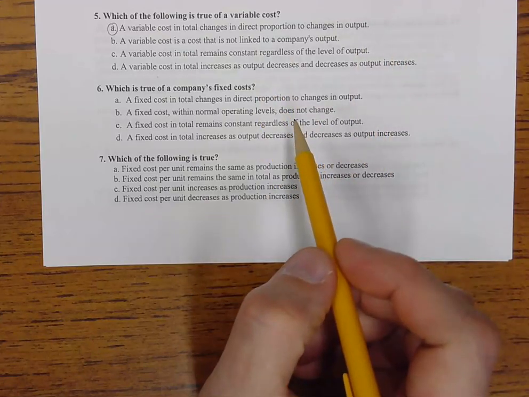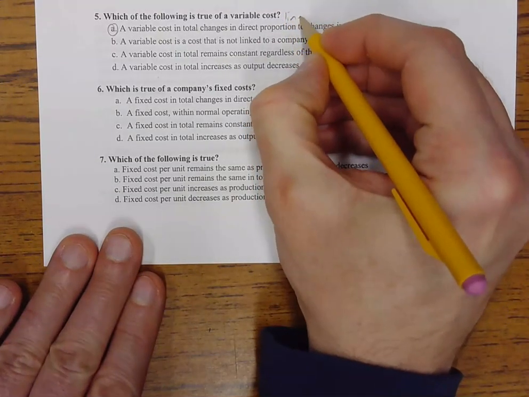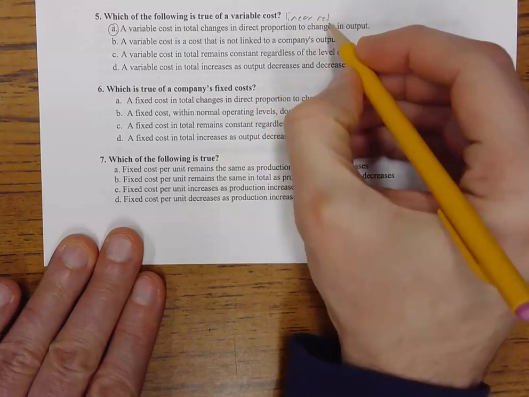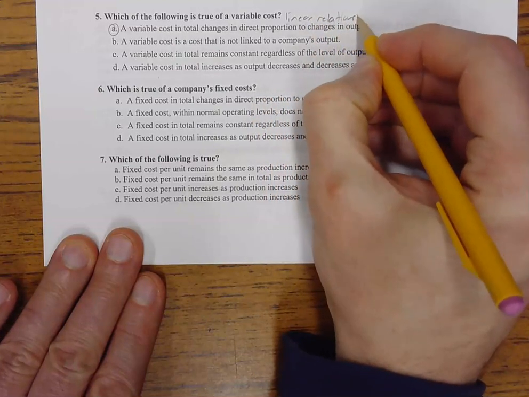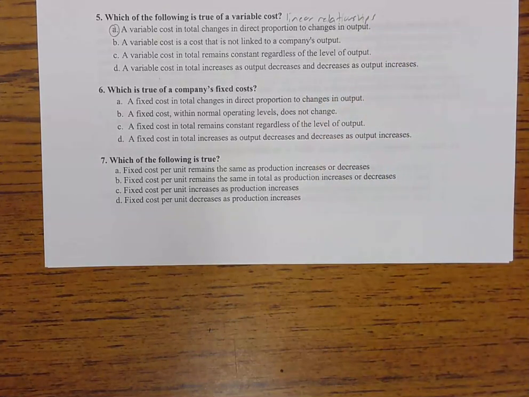So again, we're dealing with linear relationships with variable costs. With variable costs, we're always going to have a calculation that we have to perform. However, what we're doing is very, very predictable because of this linear relationship. Think about the $15 per hour: 15, 30, 45, and so on.